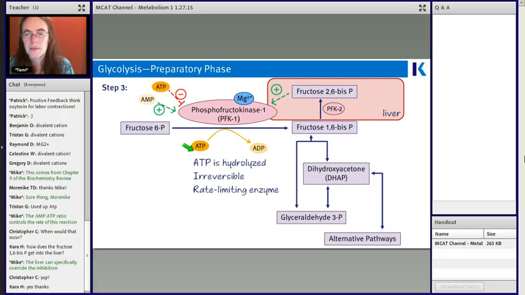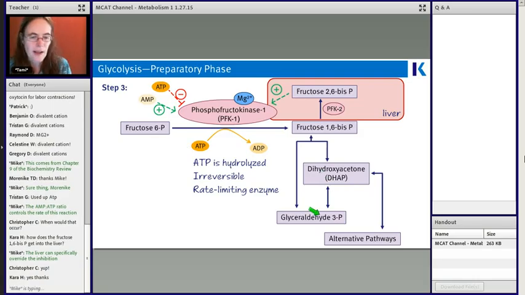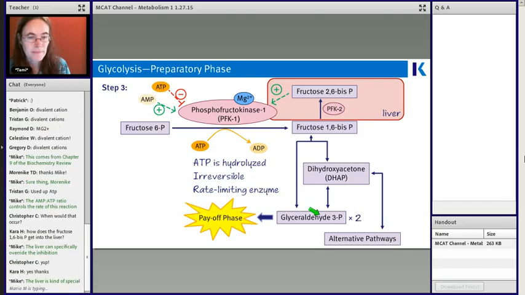Perfect. Excellent. Okay. So back to our DHAP here. If our DHAP is converted into glyceraldehyde, I now have 2 glyceraldehydes that can go forward. And I really do want to have 2 of them to get to my payoff phase. Okay?